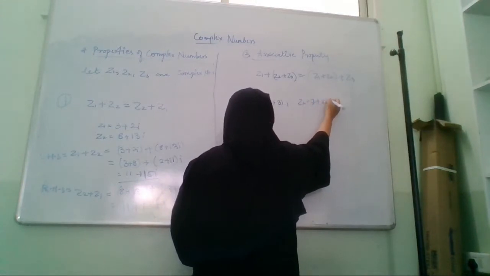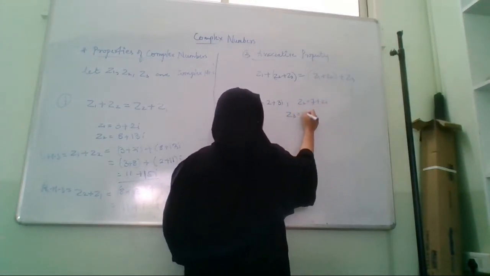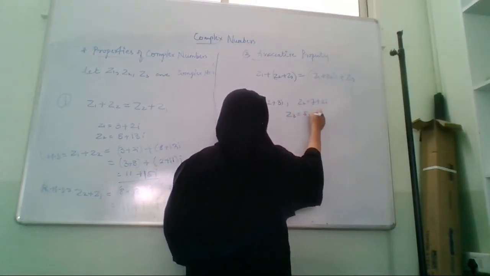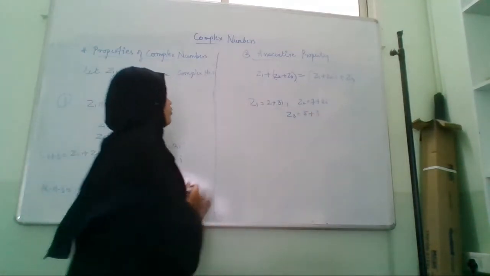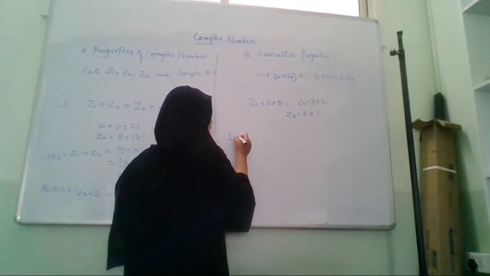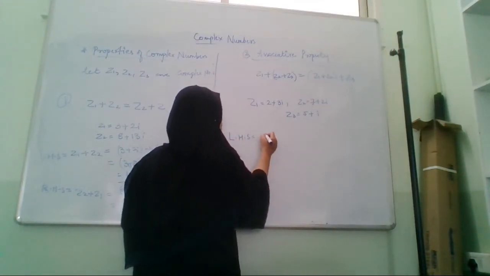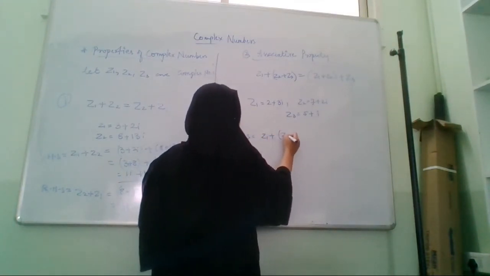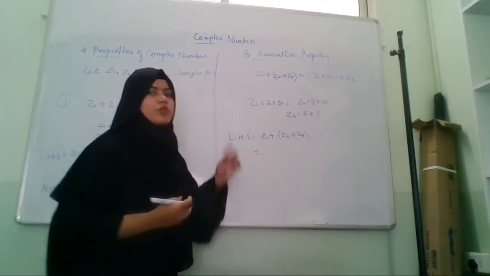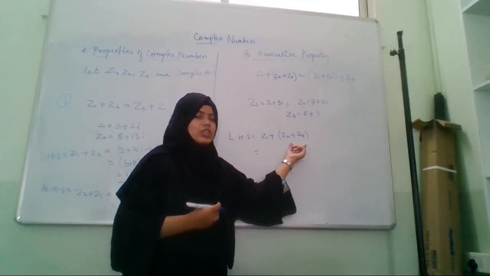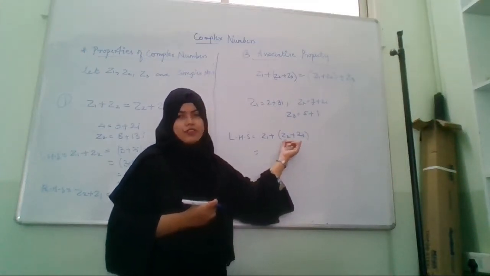7 plus 2i, and Z3 as 5 minus, or you can take plus i. Okay, so first we will start with LHS. LHS is equal to Z1 plus (Z2 plus Z3). That means you have to apply addition in this bracket first, right?